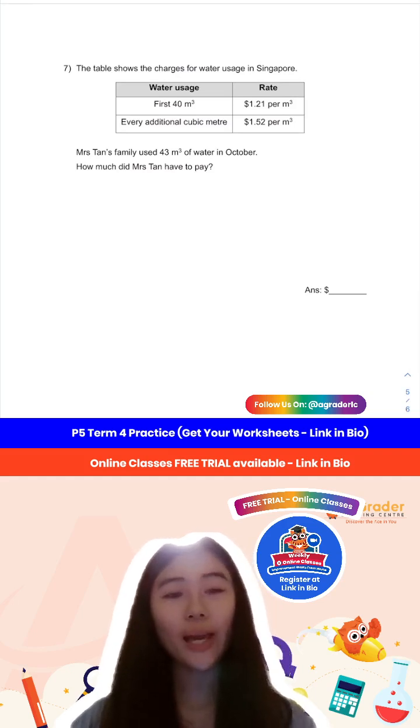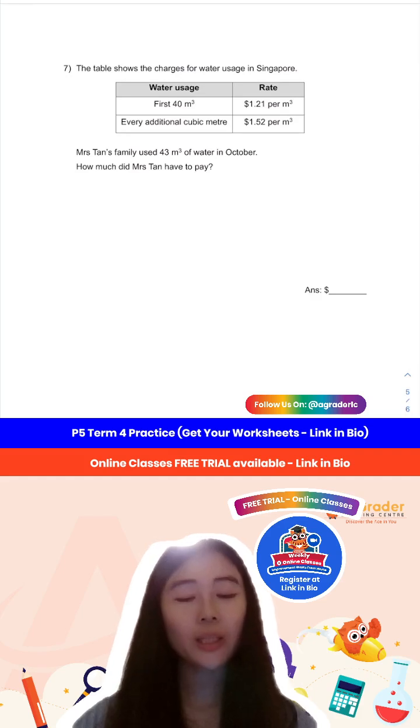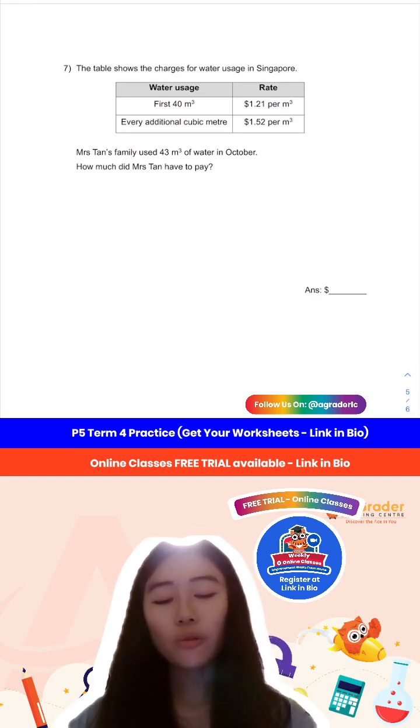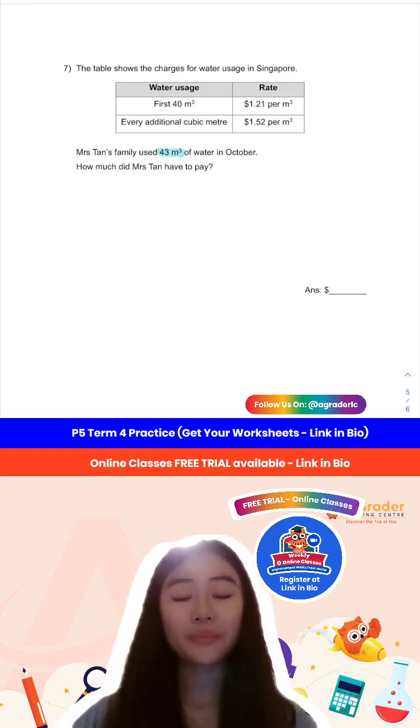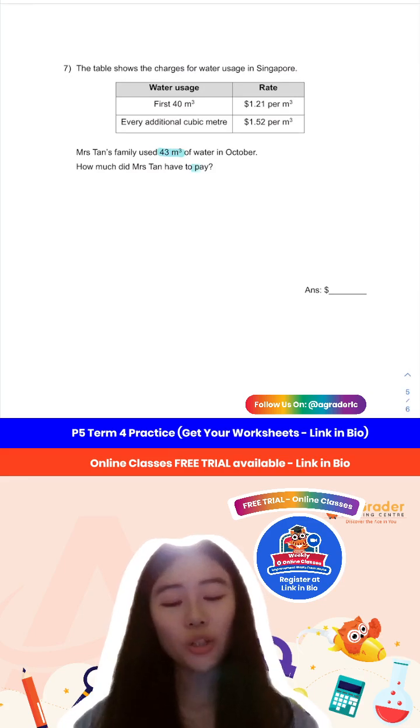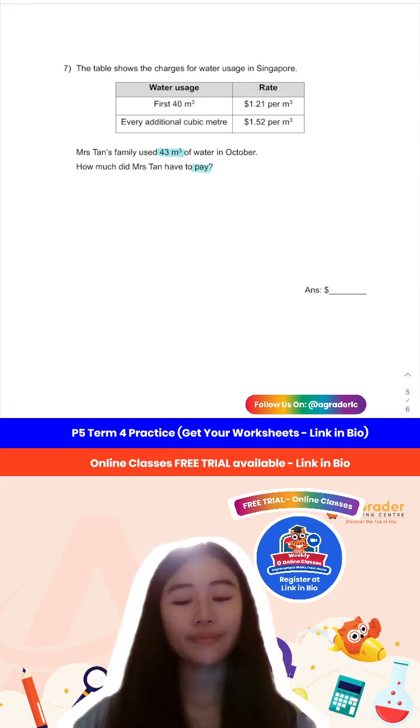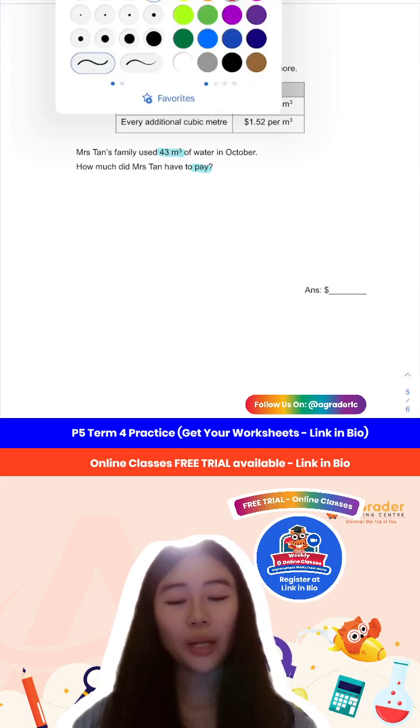And for every additional cubic meter, it will cost you $1.52 per meter cube. Okay, so for Mrs. Tan's family, they use 43 meter cube of water in October. So how much did she have to pay? Let me know your answers.